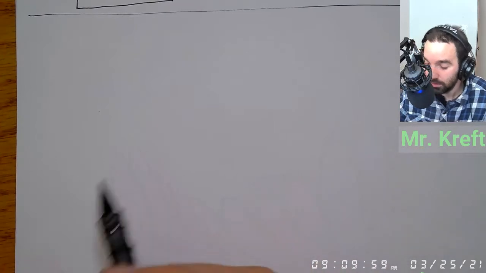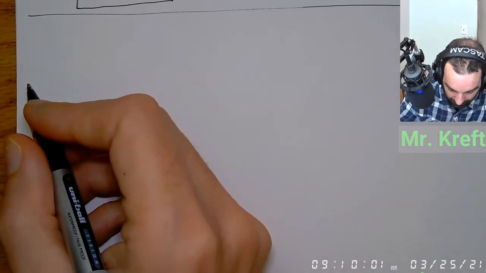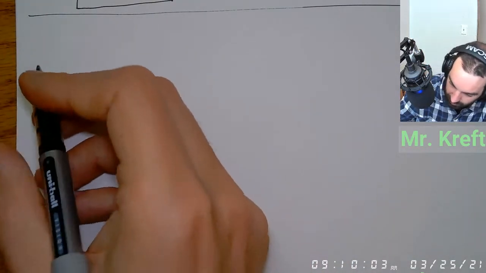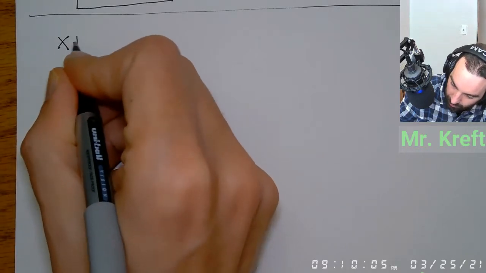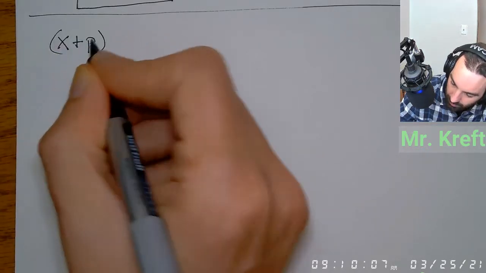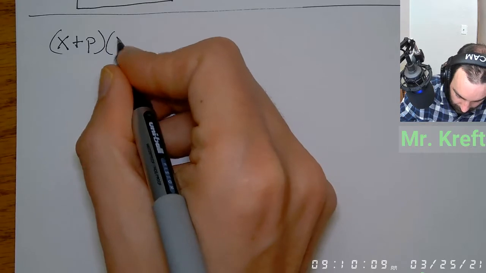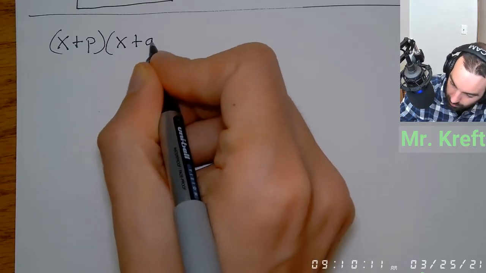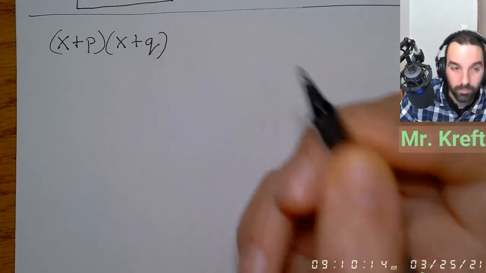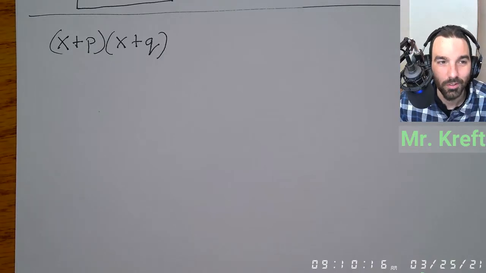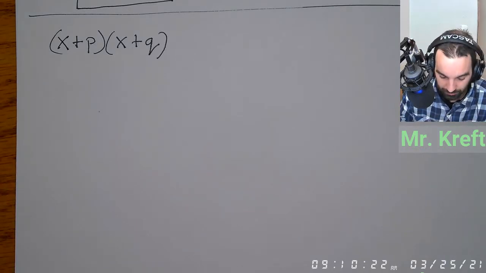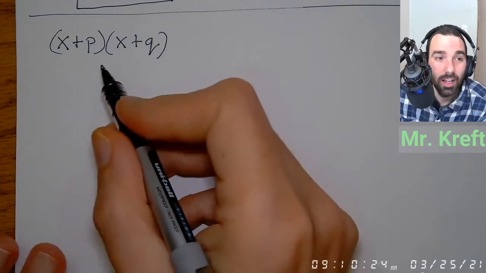So, to do this with letters first, let's say I have x plus p times x plus q. So again, p and q just represent some number. How would we do this?